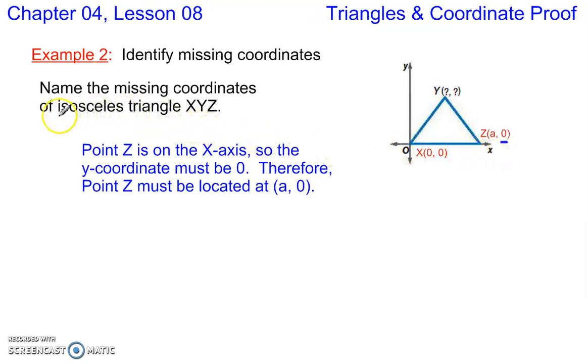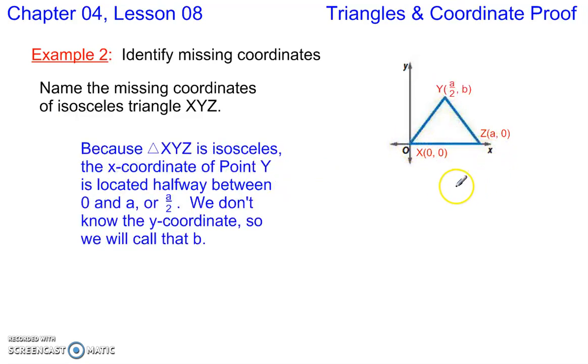Now, we know that this is an isosceles triangle, which means that this is congruent to this side. We also know these angles are congruent to each other. That doesn't really help us much to name this, but what else do we know? If this is congruent and this is congruent, then y is at the midpoint of this side.